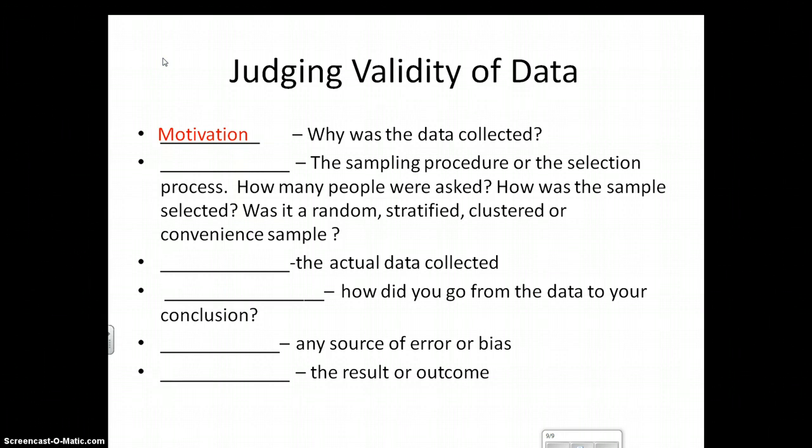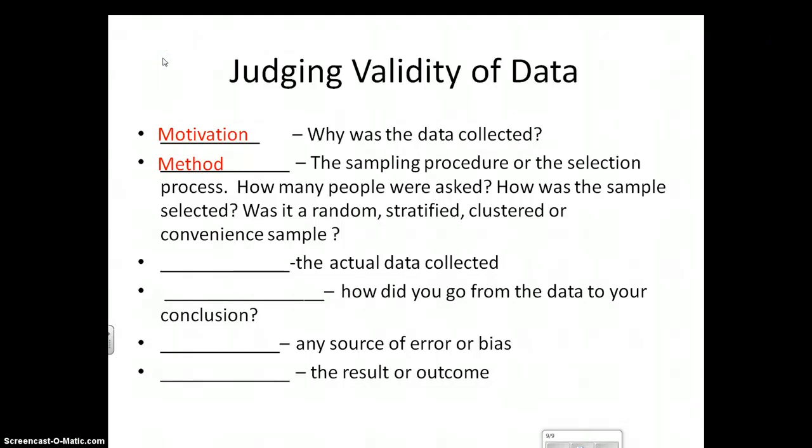If I am a dentist and I want to promote sugar-free gum, well, I might recommend a gum that is sugar-free to my patients. That might be my motivation. So we also need to look at, why was the data collected? What's the survey for?